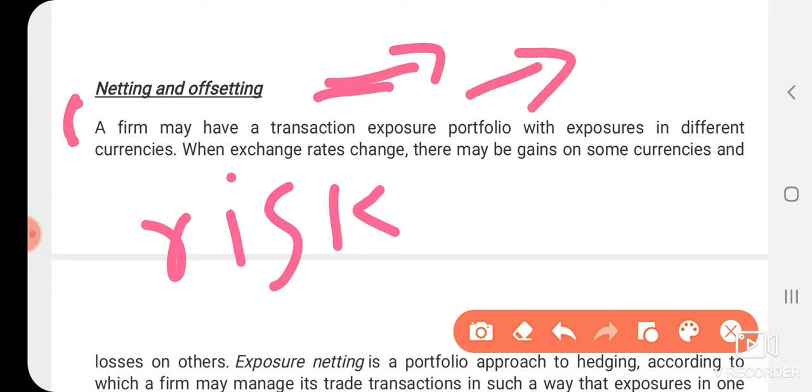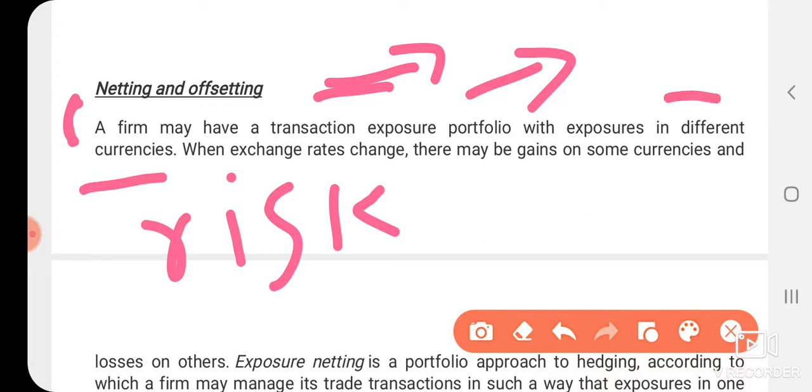Portfolio means a combination of securities. Now think that a firm may have a transaction exposure portfolio with exposures in different currencies.